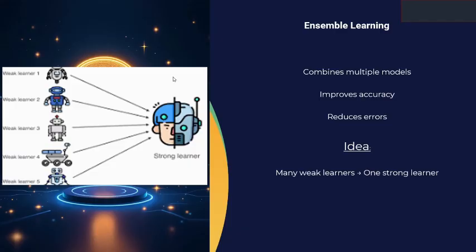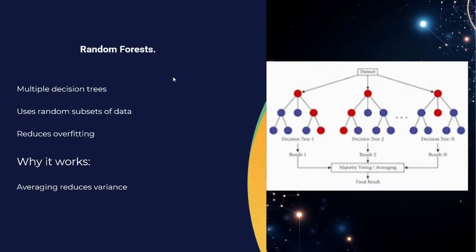Having got what ensemble learning is, let's talk about random forests. First of all, what is a forest in normal understanding? A forest is a collection of trees, but in computer science or software engineering, it is an algorithm.